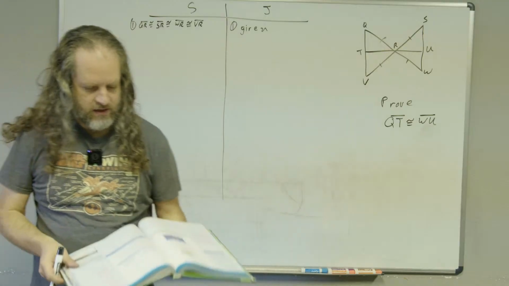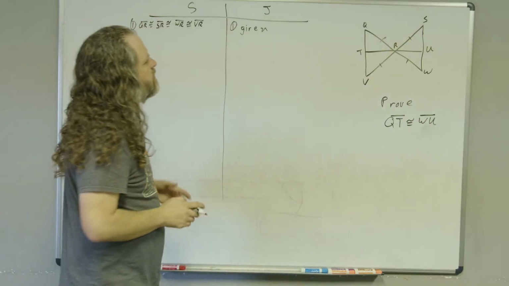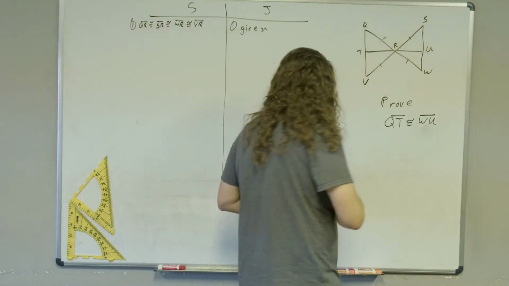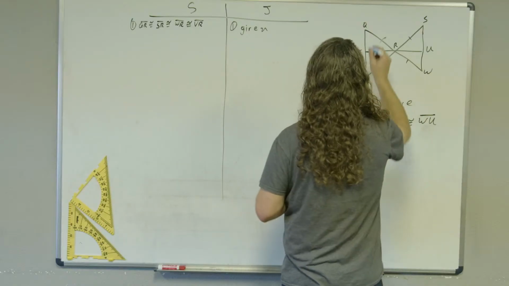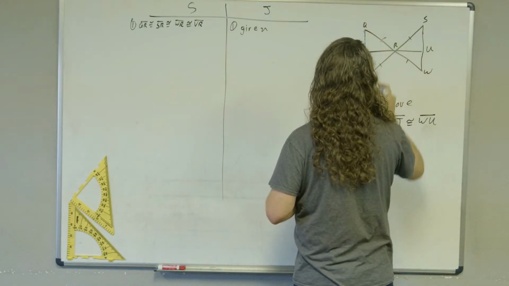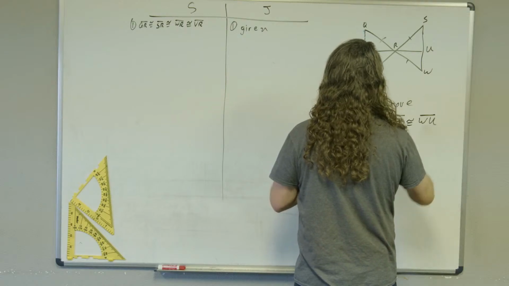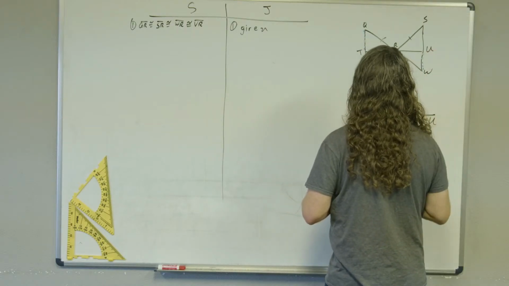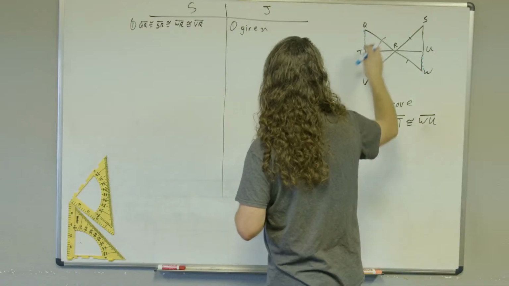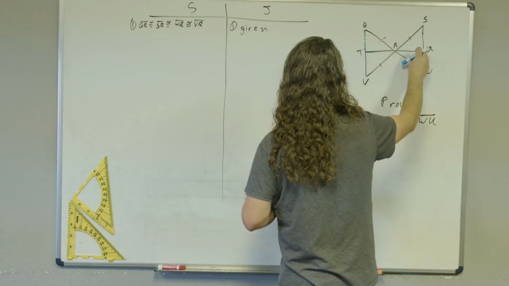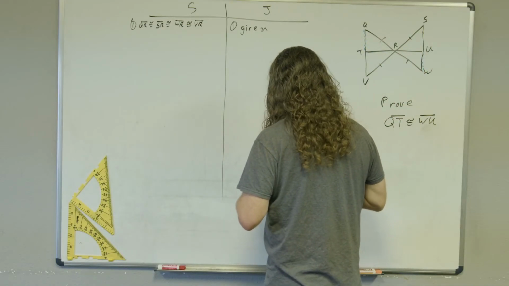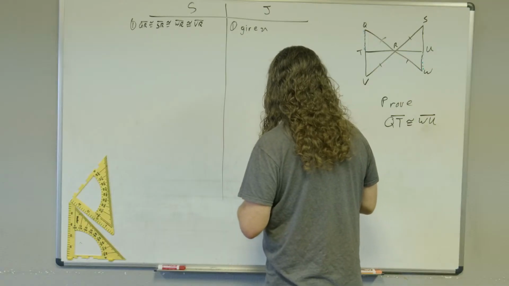Where's QT? We're looking for this one to be congruent to this one. That's where we're headed. If we can get those two triangles congruent, then we are sitting pretty.